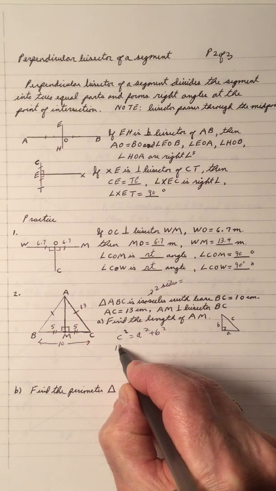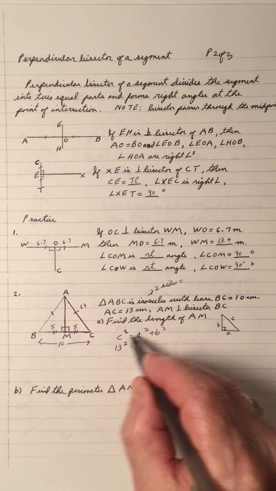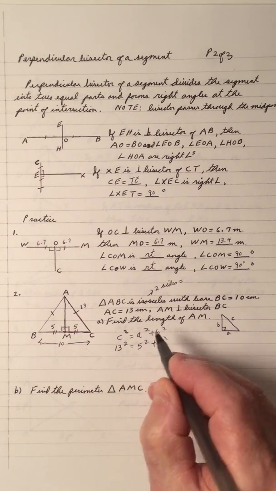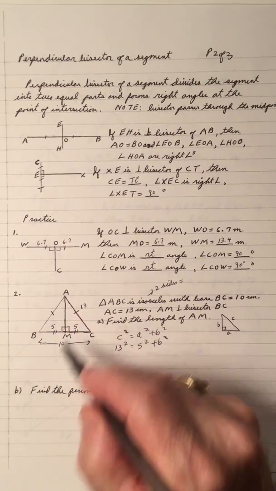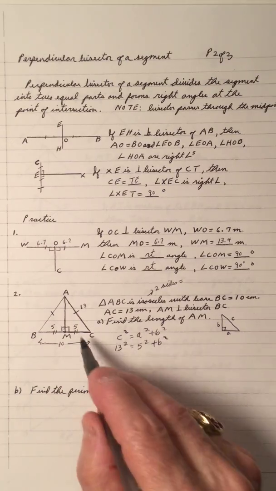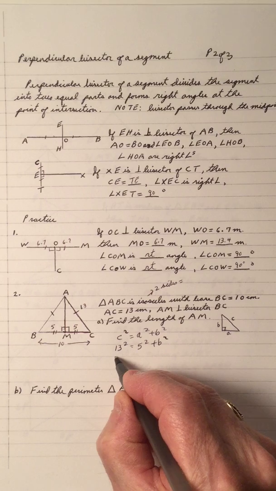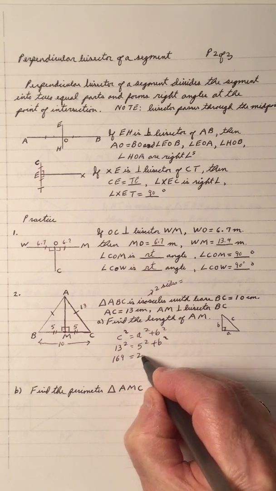So that means C is 13. Now A or B, 5 could be A or B, your choice. It doesn't make any difference. But once you fill in C for the hypotenuse, which is opposite the right angle, then the other two sides could be whatever you want. So we work out this 13 squared. 13 times 13 is 169. 5 squared is 5 times 5, 25.